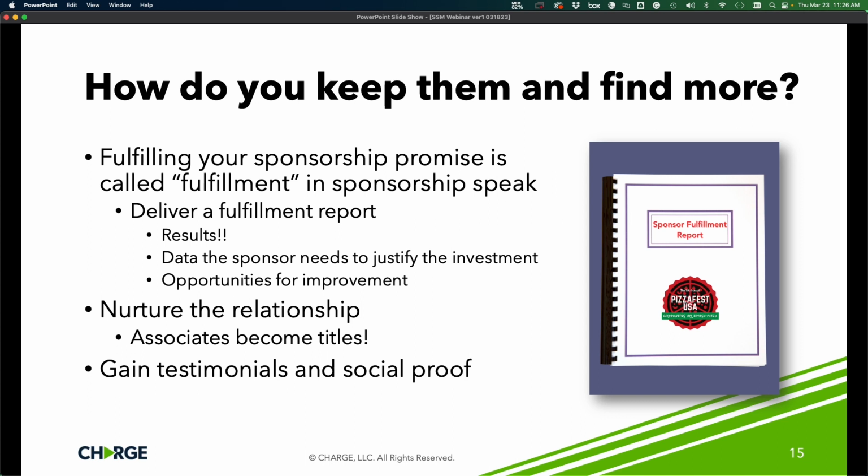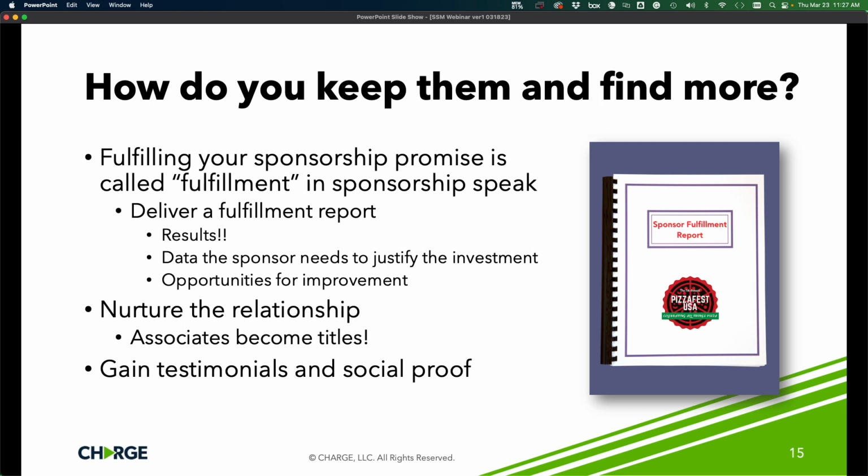Now, speaking of the fulfillment process, this is the process of keeping your sponsors and finding more. So, fulfilling your sponsorship promise, all those things that you promised to do when you had your sponsorship sales conversation, is called fulfillment in sponsorship speak. Now, you will deliver a fulfillment report to a sponsor which has the results of your sponsorship.